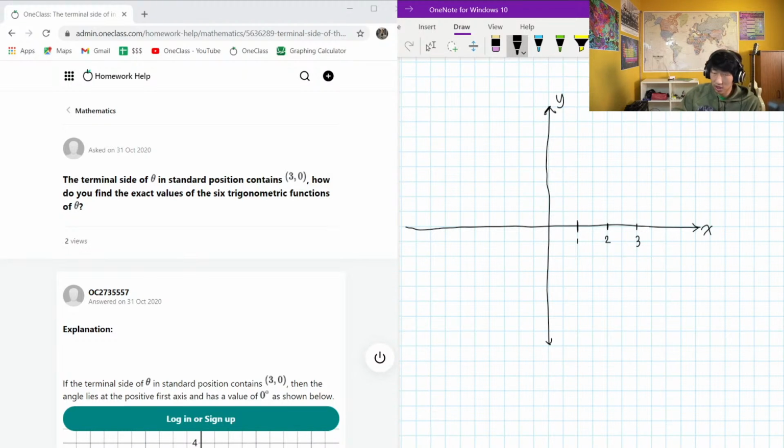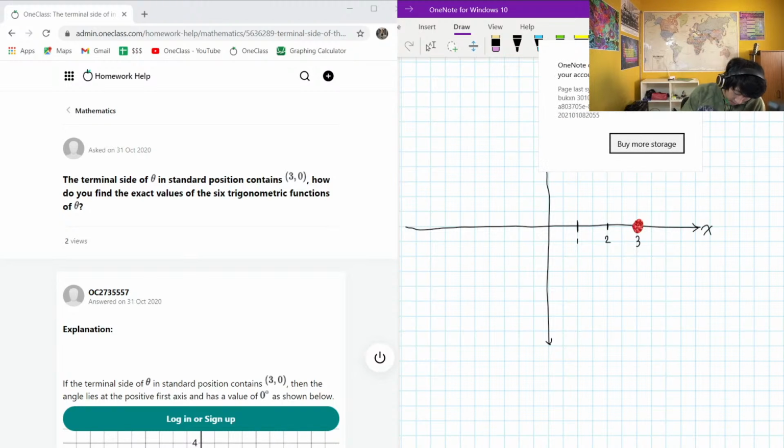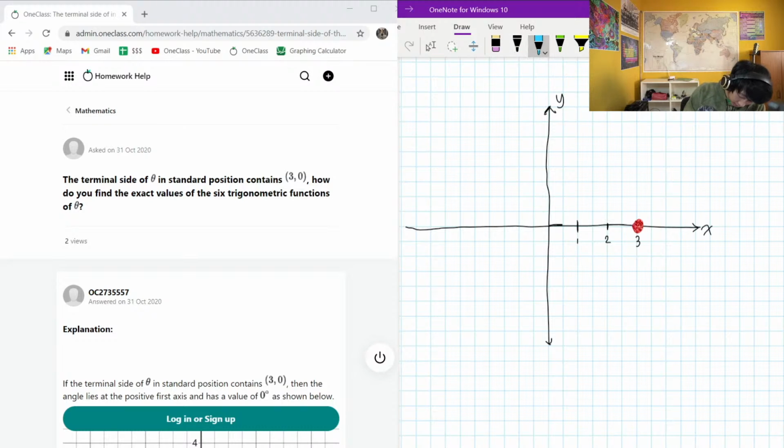Our x position is 3 and our y position is 0. Well, that just means we're on the x-axis. That means our point of interest is going to be right here. So our angle is definitely going to look like this.